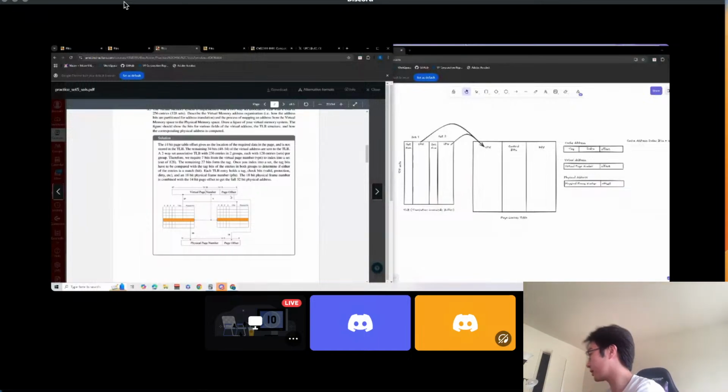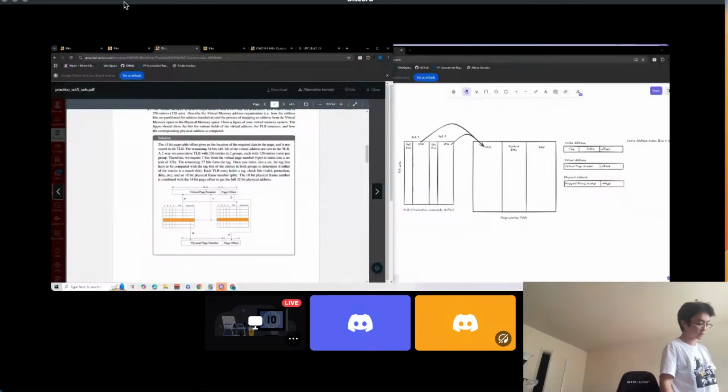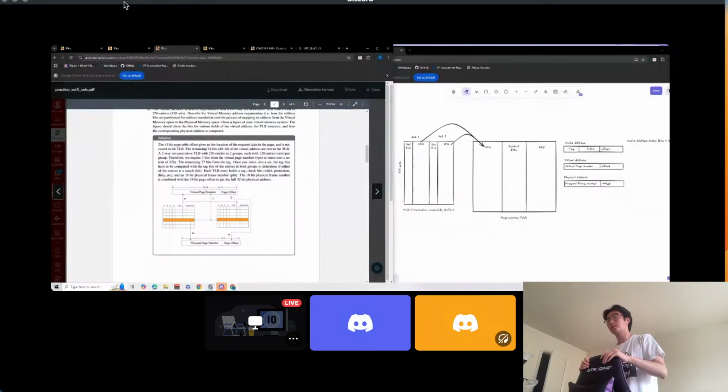Dining hall food. I could eat some dining hall food for dinner. And in the meantime, grab something from Stamp, maybe? Yeah, not sure. Okay.